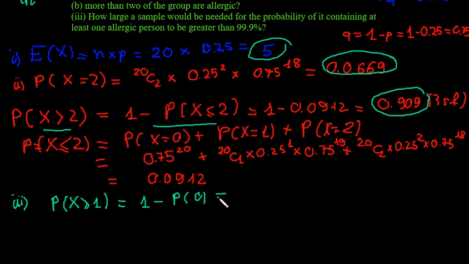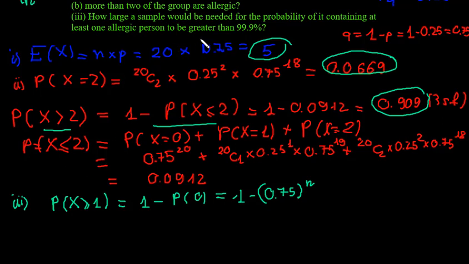So we have 1 minus 0.75 to the power of n. Why? Because we are looking for the number n, the sample size we want. The probability that no one in the sample of n is allergic to the grass seed would be 0.75 to the power n.